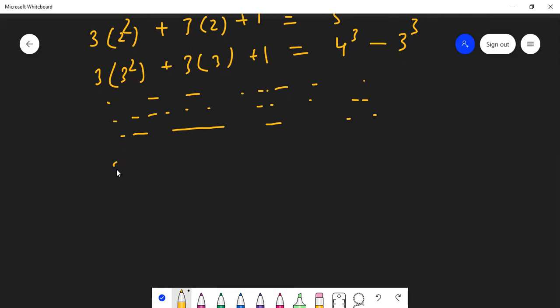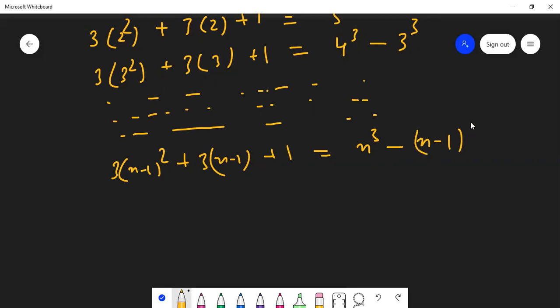This becomes 3 times n minus 1 square plus 3 times n minus 1 plus 1 is equal to, in place of k I put n minus 1, so this was k plus 1, so it became n cube, and this was k cube, so in place of k I have n minus 1, so it is like this.